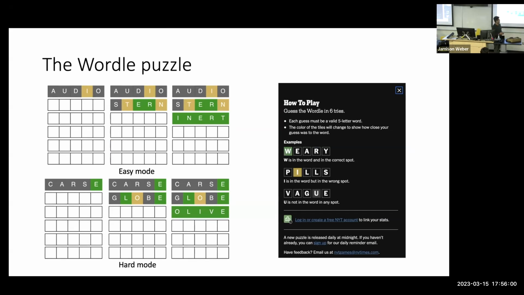The simple distinction is that in the easy mode, you have the complete flexibility to play any 5-letter word at any stage of the game, as long as you want to minimize the number of possibilities and reach the final mystery word.